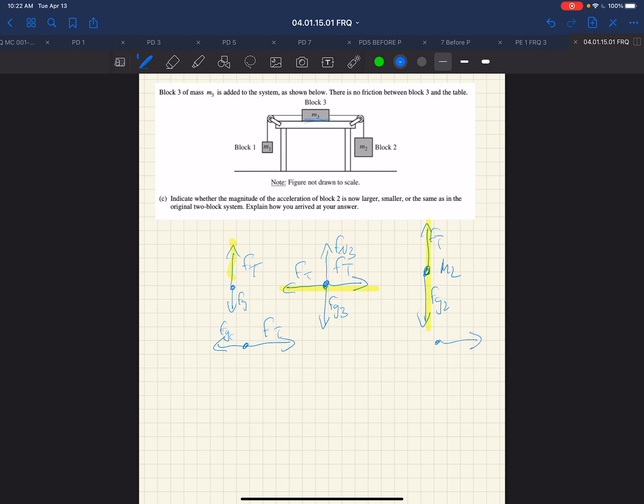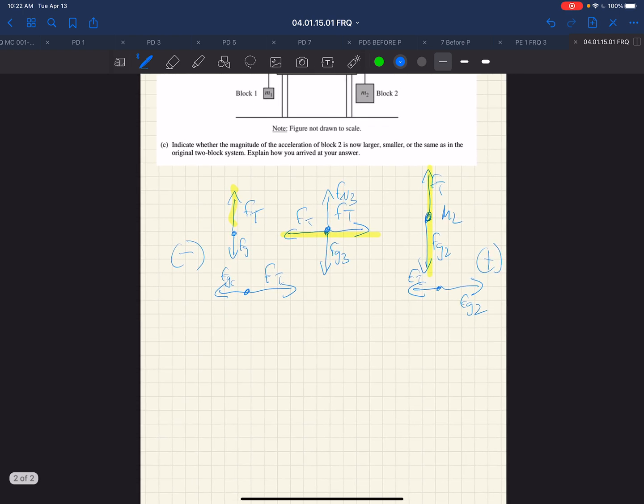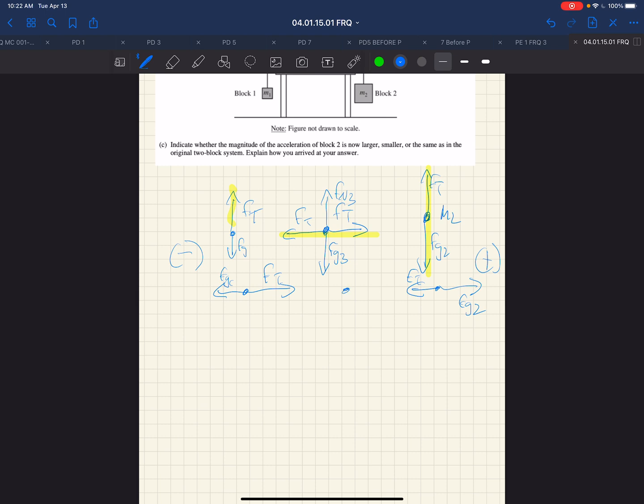Here we have FG2 and FT. Again, our positive direction and our negative direction. And then on 3, we have this FT and FT. Assigning the positives and negatives, well, FG2 is positive, this FT is negative, this FT is positive, this FT is negative, this FT is positive, and this is negative.